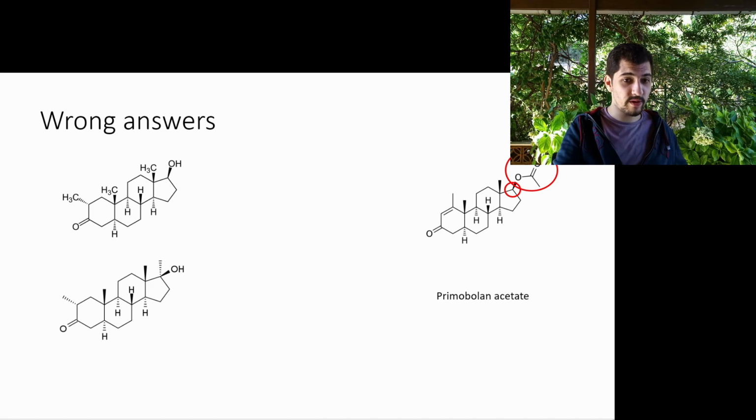So the possible wrong answers are on the left side of the screen. Above, you see the drostanolone molecule, aka masteron, and below that you see superdrol. Superdrol and masteron have drastically different characteristics, and one is super liver toxic and the other is not.